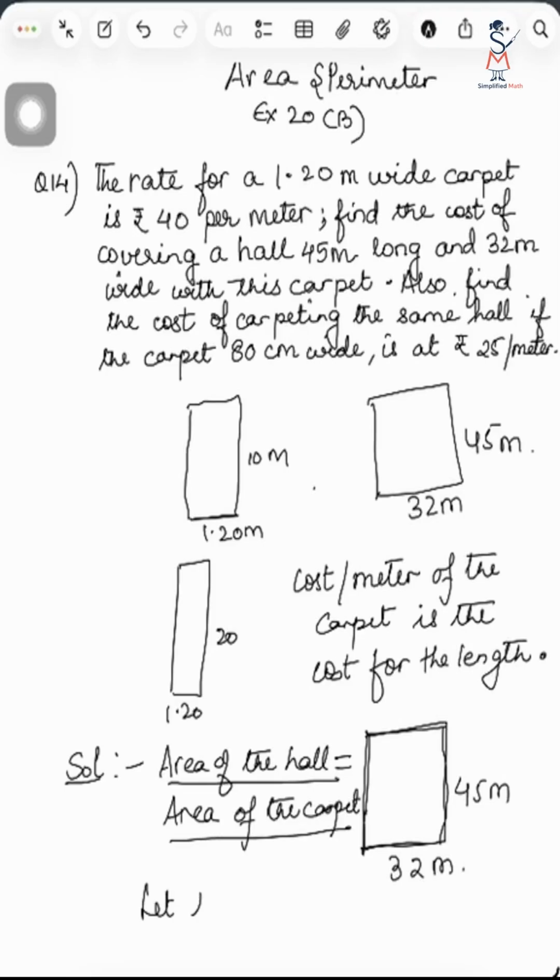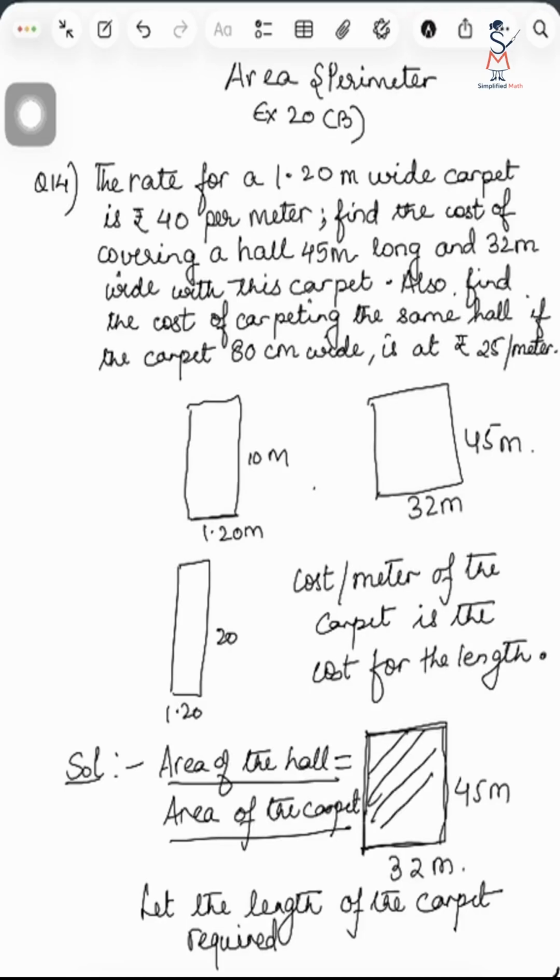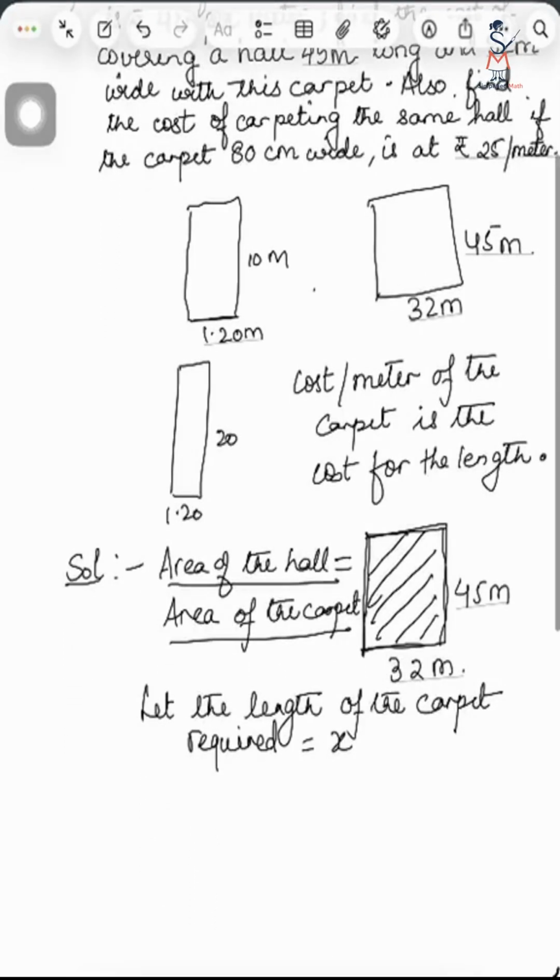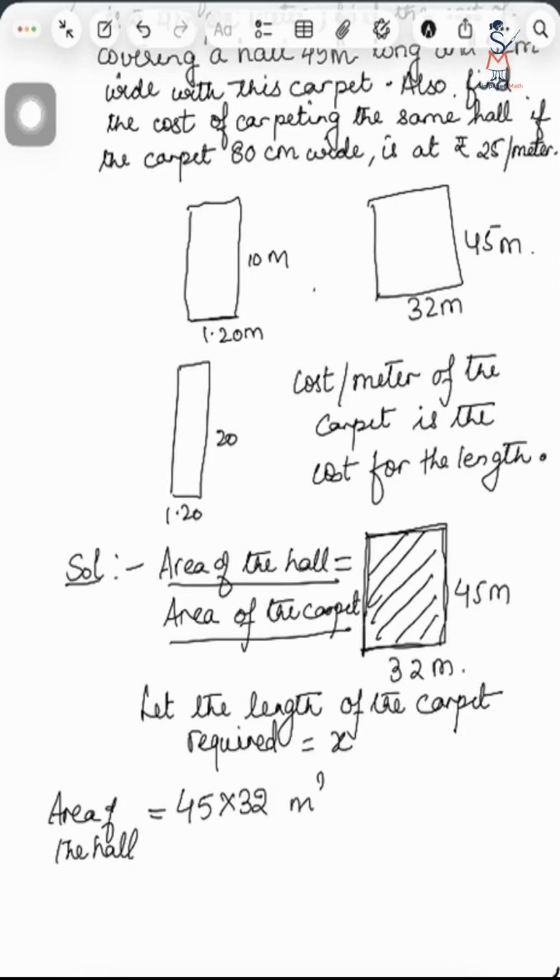Let the length of the carpet required to carpet the whole hall be X. So the area of the hall is 45 into 32 meter square.